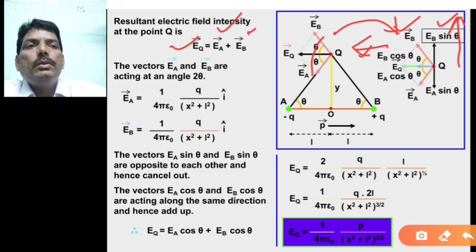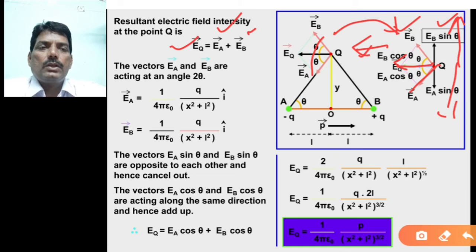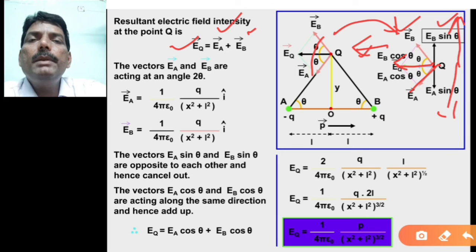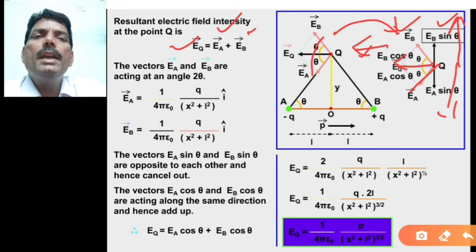Similarly, due to this one, EA sin theta will be in the downward direction and EA cos theta in this direction. So EB sin theta and EA sin theta will cancel each other because they are in opposite direction and equal in magnitude, but EA cos theta and EB cos theta will be added here.